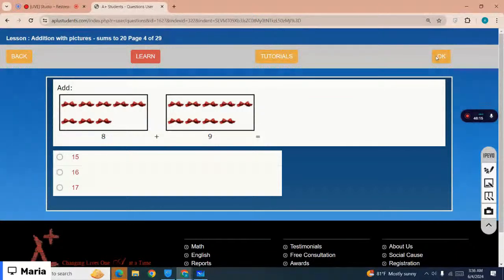The next one is 8 plus 9. So which is the correct option? Seventeen. The correct option is 17.